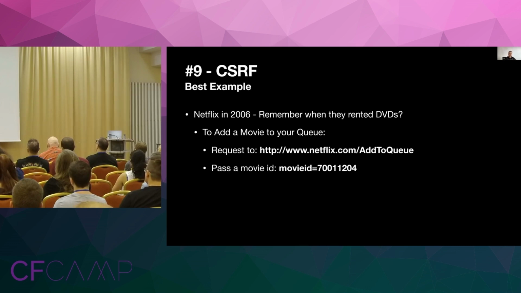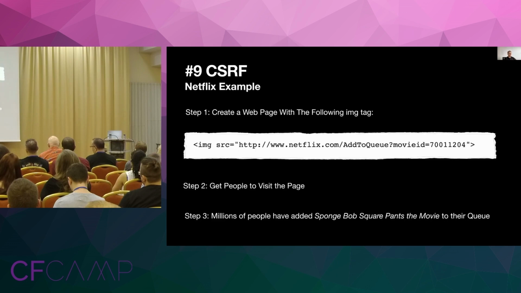To add a movie to the queue, it would look something like this URL here: netflix.com/addtoqueue?movieID= whatever the movie ID.